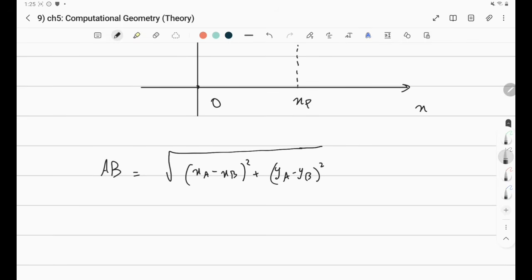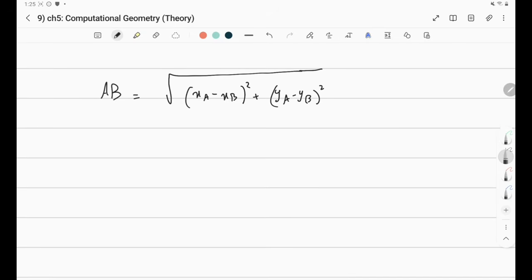So this is the distance between 2 points. If you have 2 points in 3D, you're going to have the same thing, but you just add plus (zA minus zB) squared. Anyway, right now let's focus on our Euclidean geometry. So this is the distance formula.